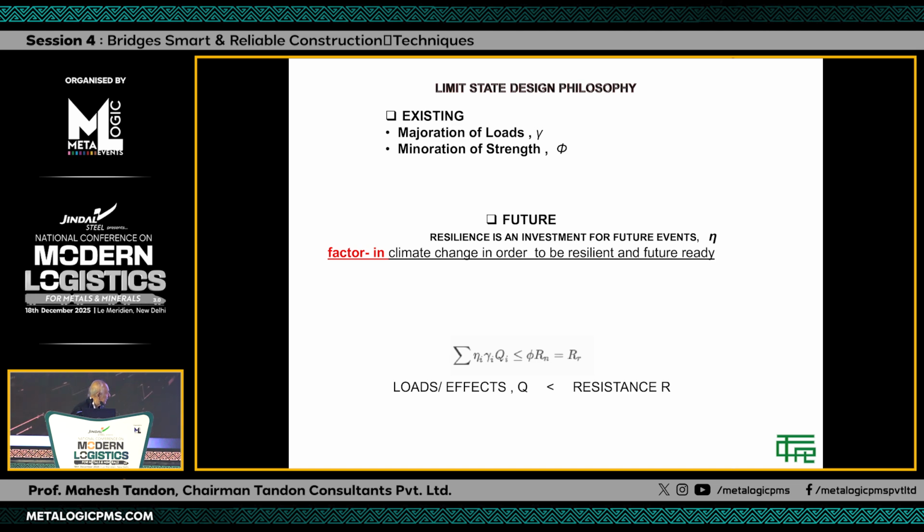It's just that the loads must be less than the resistance, and there are some factors which are given before that. This eta factor that you see is what has been introduced to take account of resilience and to be future ready.